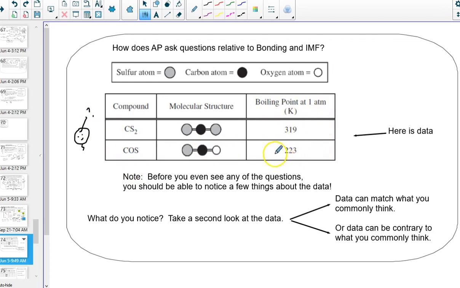This one's high, this one's low. Sometimes the data matches what you think is going to happen. Sometimes it's contrary, and you need to be able to discriminate. You need to be able to rationalize either way: it's correct because this is what's happening, or it's incorrect because this is what's happening.